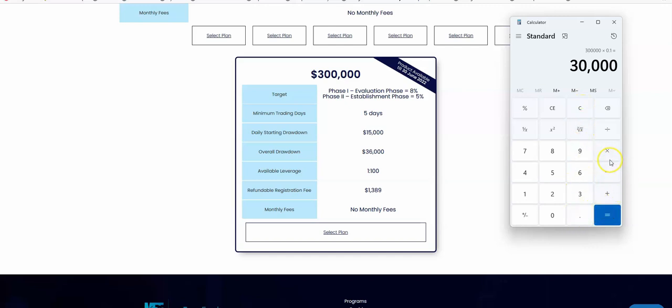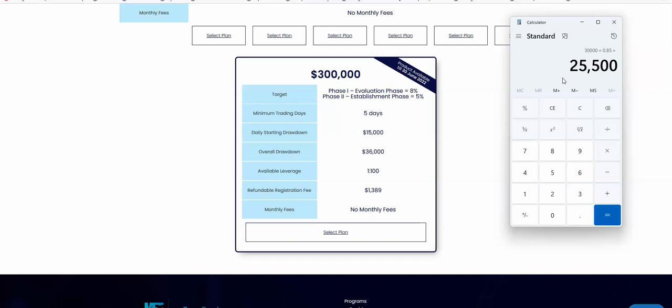Then on that 30K, you are given 85%. That's 25K 500 every month. Just think about that amount of money every month.